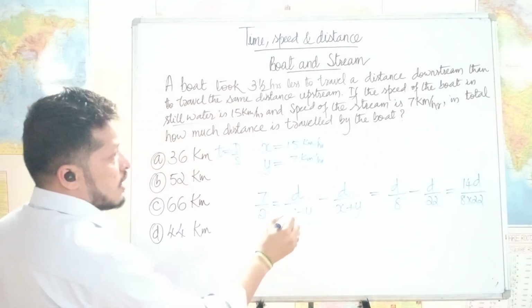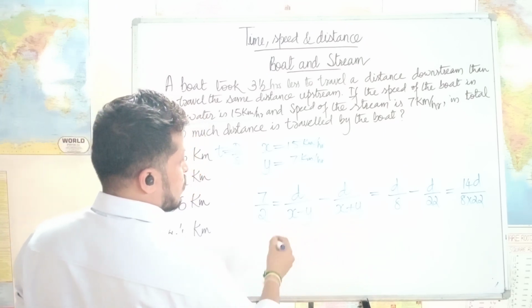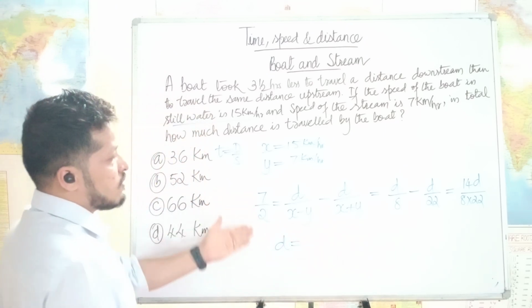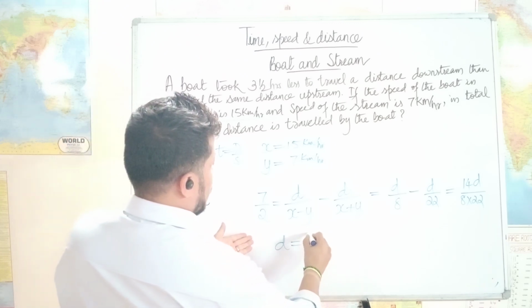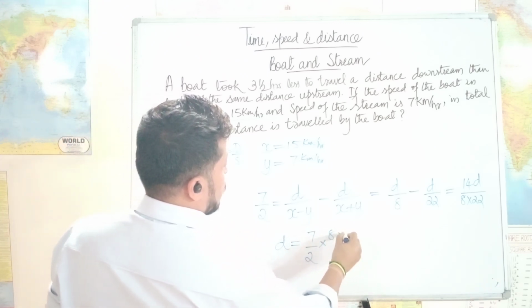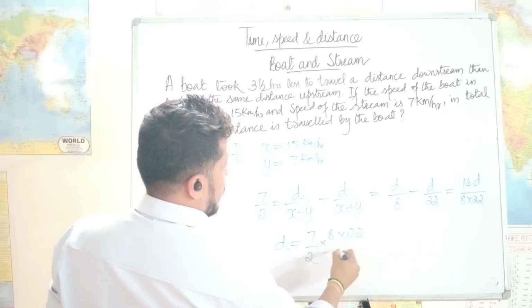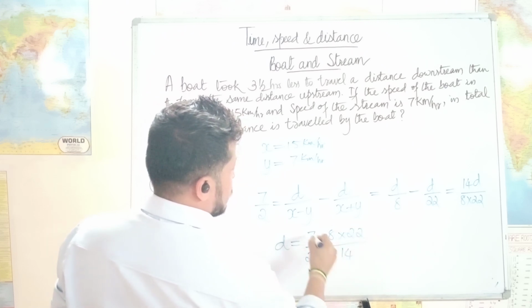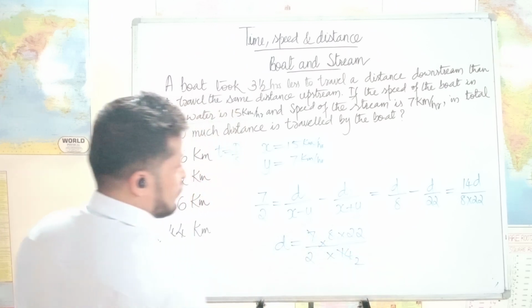Let's simplify this. Let's keep that d there and move everything to the left hand side. So d will remain on the right hand side and the rest everything is here. It will be 7 by 2 as is, and this 8 and 22 will go to the numerator and that 14 will come to the denominator. 7 ones are 7, 7 twos are 14.